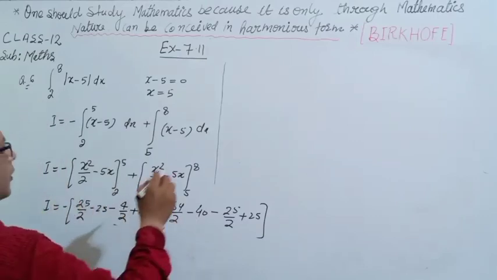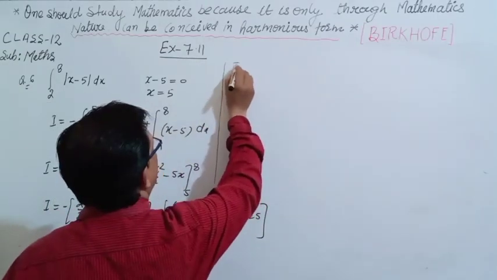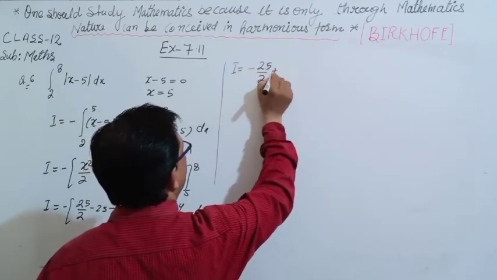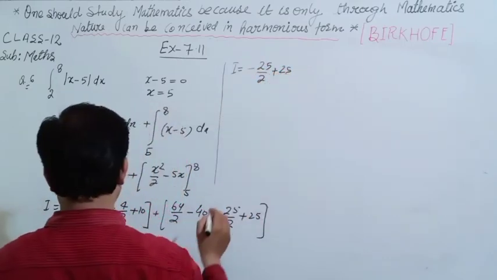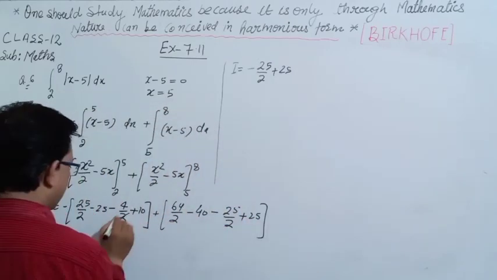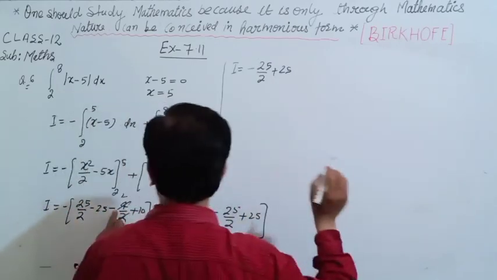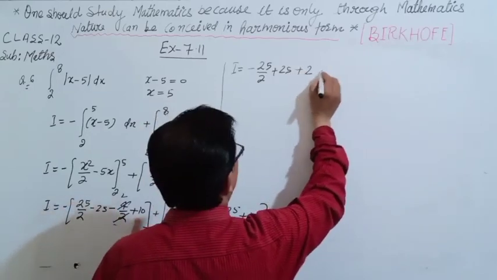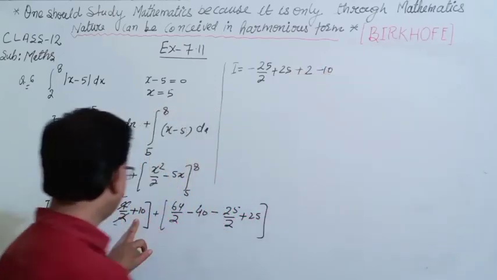Now open all the brackets. So this is minus 25 by 2 plus 25, plus 4 by 2 minus 10. Okay.